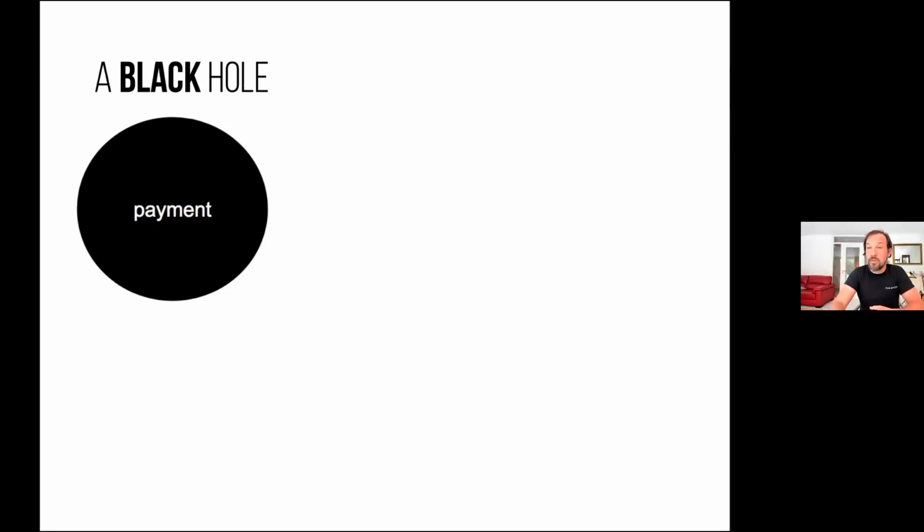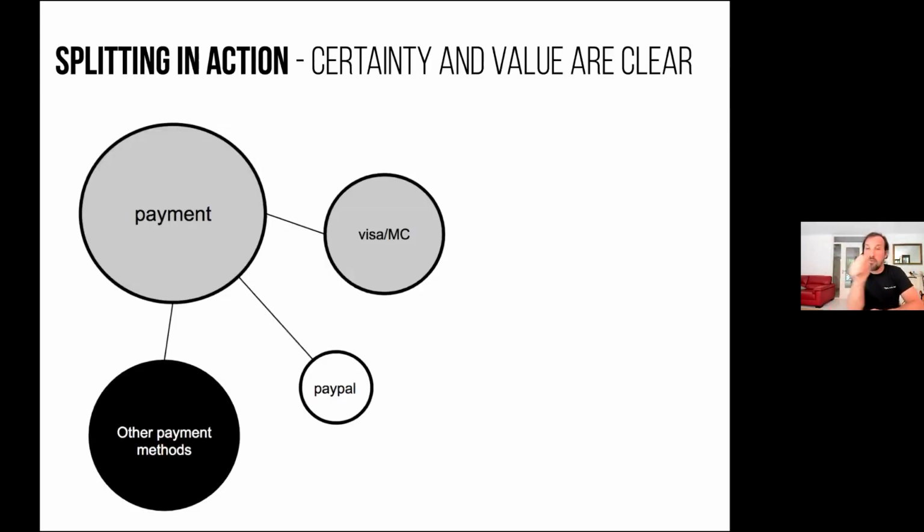So you take this item, draw a circle on the whiteboard, and then you try to split it. It's like a mind map or something, right? And then you create these sub-items, and now you see payment comprises multiple payment methods, and now you can have a very valuable discussion: which payment method is the most important, for which payment method we have more clarity, for which one, super important, we can invite someone to talk to the team and explain how this works, right?